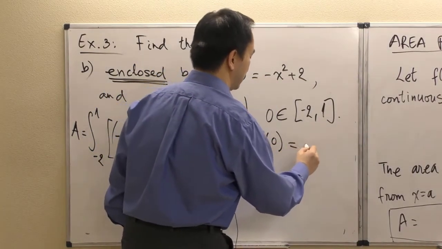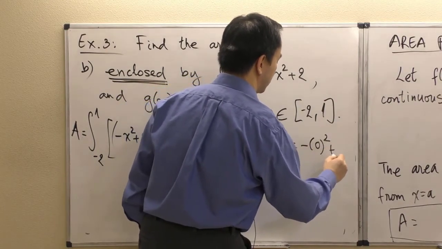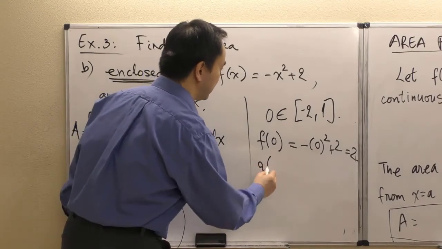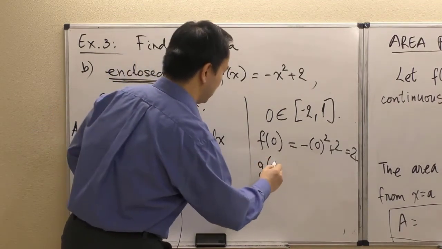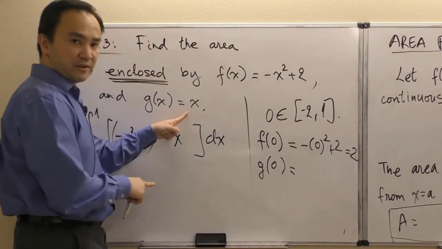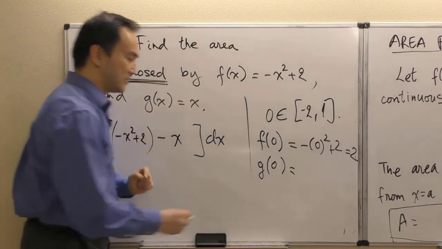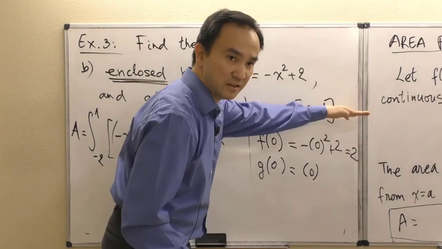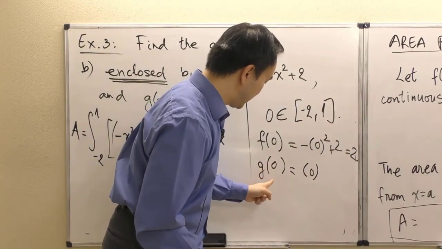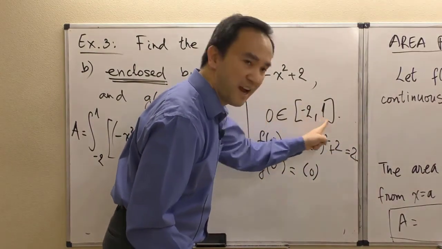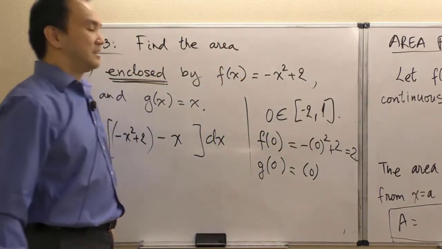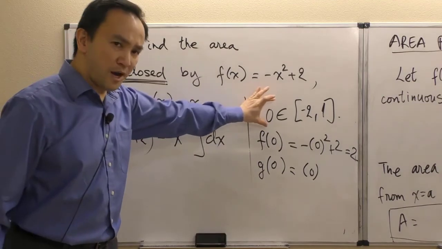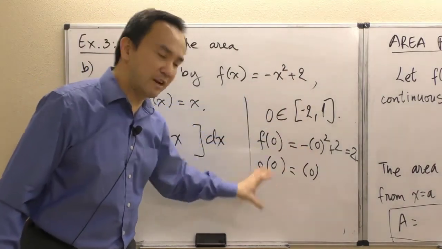That gives me -0² + 2, which is equal to 2. And g of 0: g of x is defined as g of x = x, so it equals 0. So obviously f of x is a higher value than g of x when x = 0, a value that's inside that interval from -2 to 1.